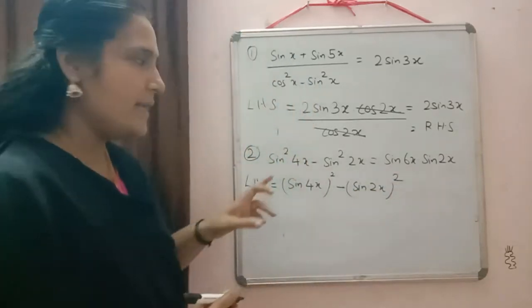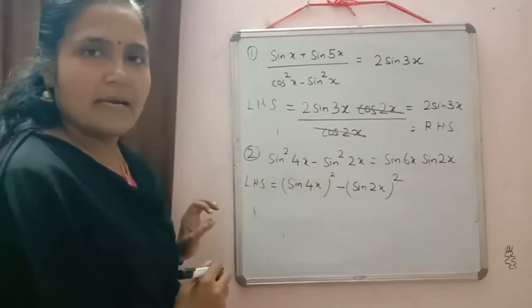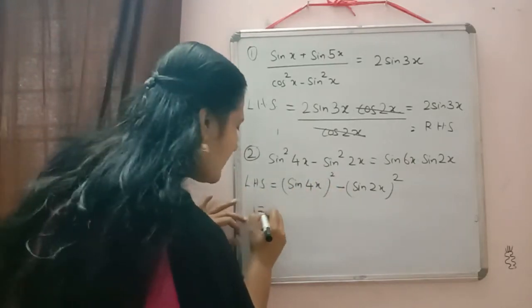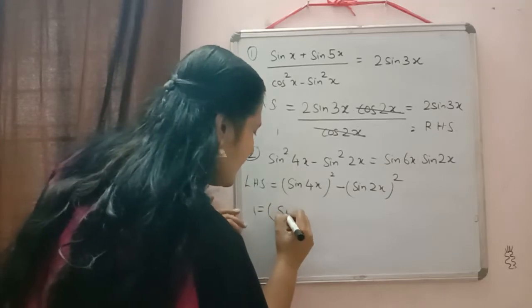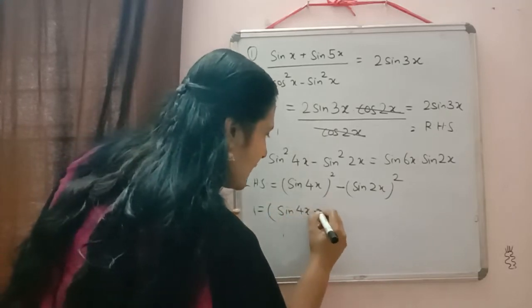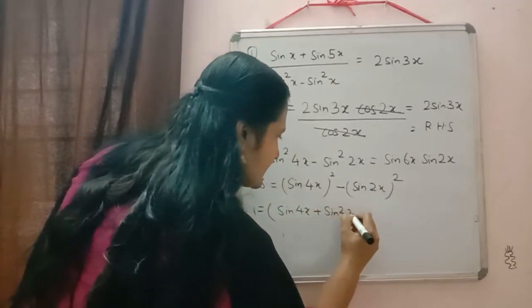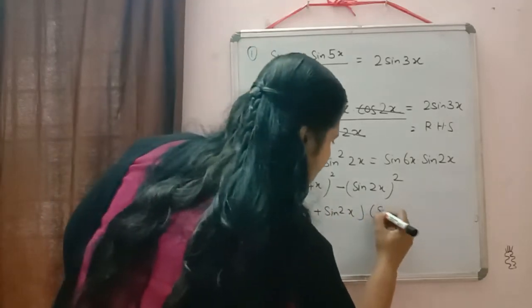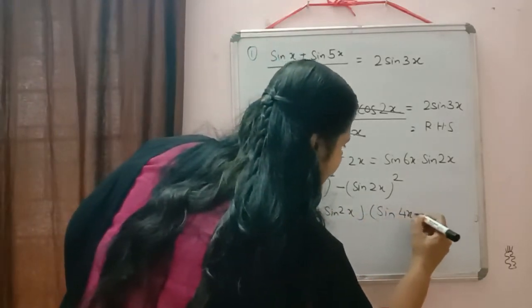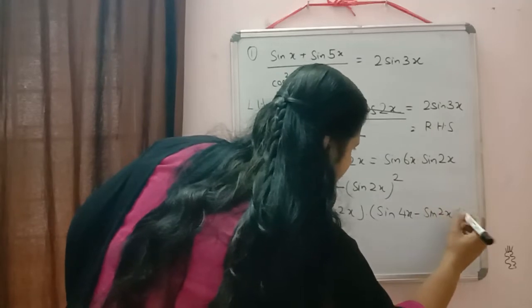So we can use the identity a square minus b square. So what will come if we use the identity? Yes, it will be equal to sin 4x plus sin 2x into sin 4x minus sin 2x.